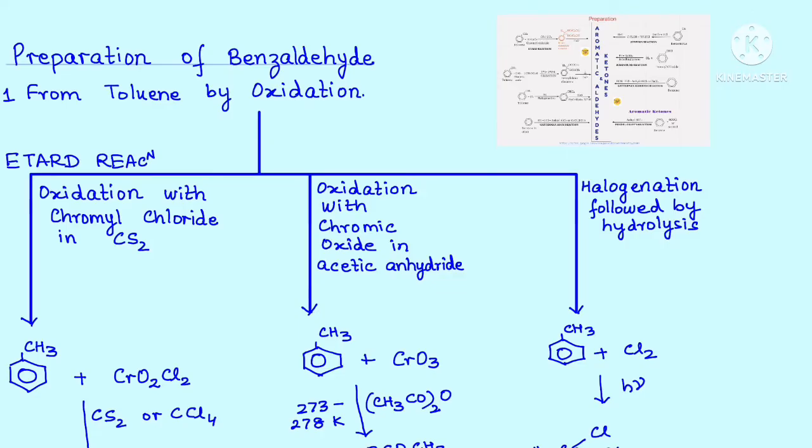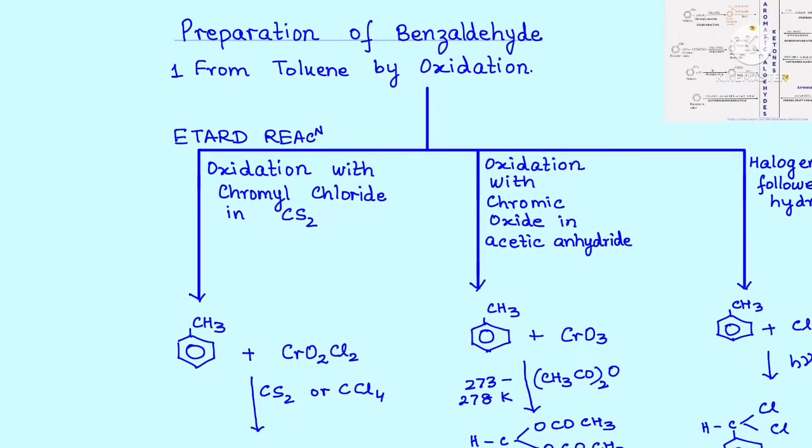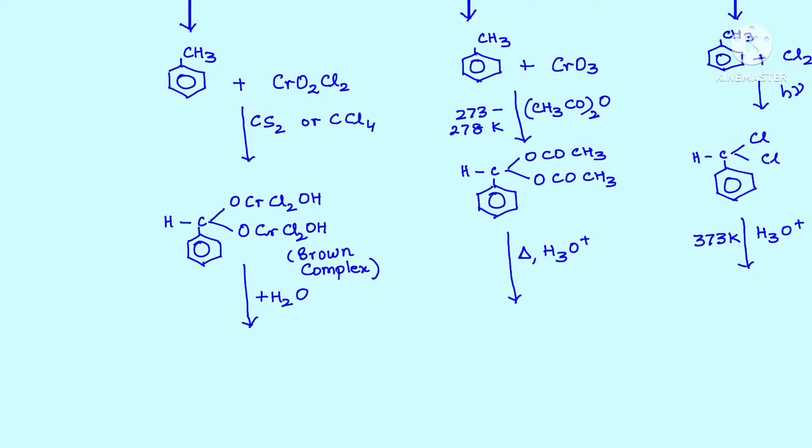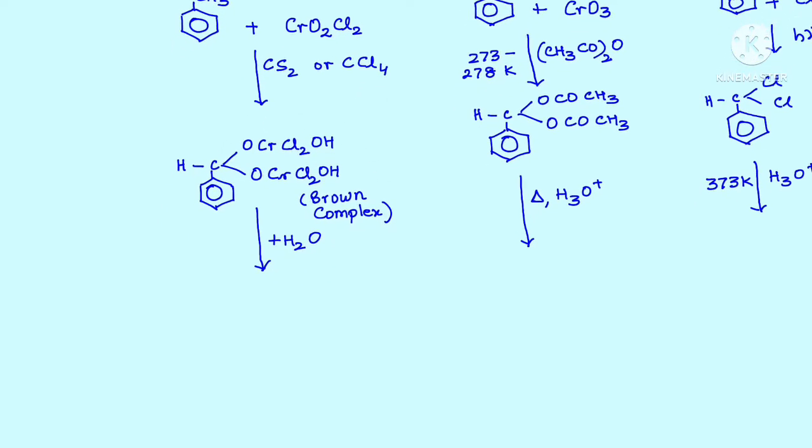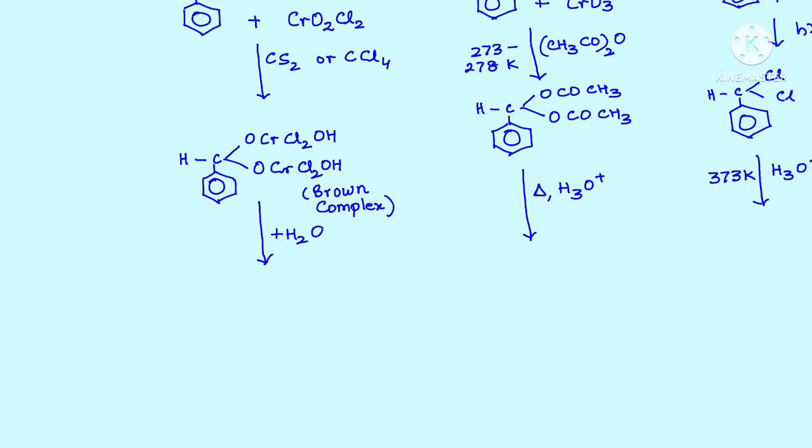For clarity, you can see it here. The preparation of benzaldehyde by 3 different ways using the same compound, that is toluene. So first is chromyl chloride. We have a brown complex, and then go on to break down the brown complex, HOH HOH.